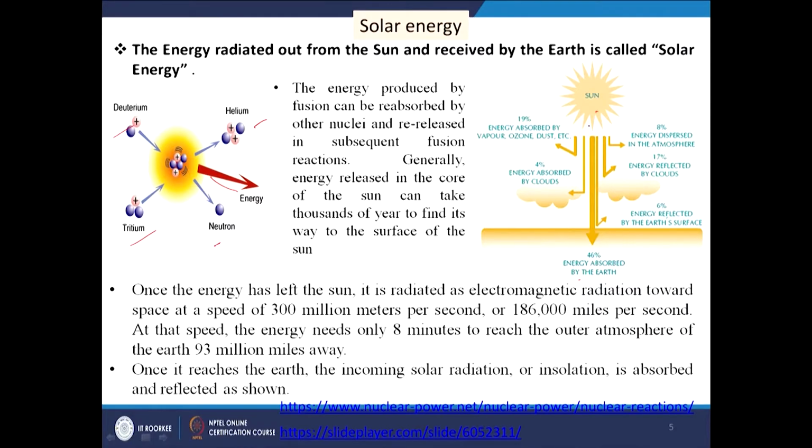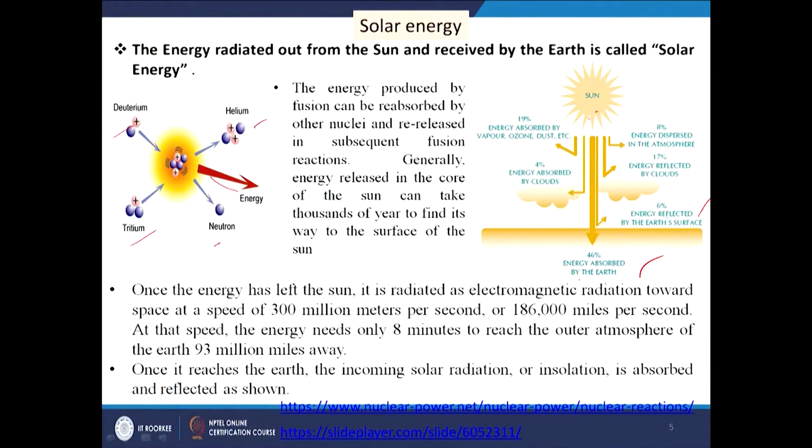If we see the energy coming from the sun to the earth, out of the total radiation coming towards the earth, around 46% is absorbed by the earth and 6% is deflected by the earth's surface. The remaining part of the energy is not able to reach the earth's surface because of clouds and the ionosphere, etc. Energy dispersed in the atmosphere is around 8%, and energy absorbed by vapors, ozone and dust is around 19%.